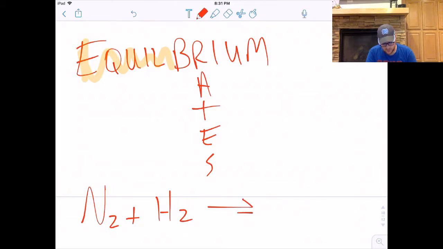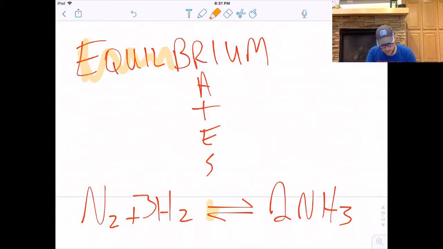And what these double arrows mean, the speed at which N2 and H2 react to make NH3 is the same as NH3 breaking down and making N2 and H2. So N2 and H2 react, make NH3, is the same rate at which NH3 breaks down and makes these two. So these are just going back and forth at equal rates.